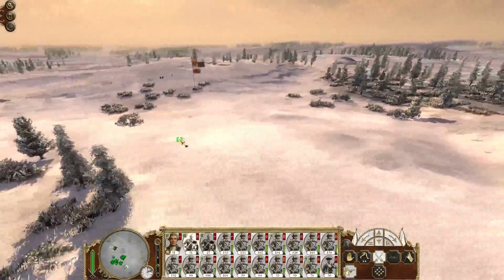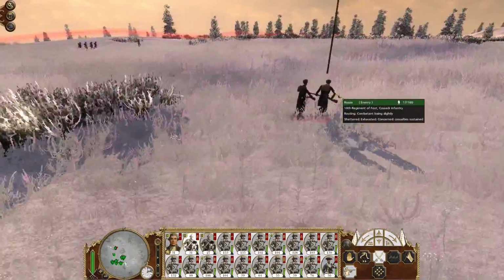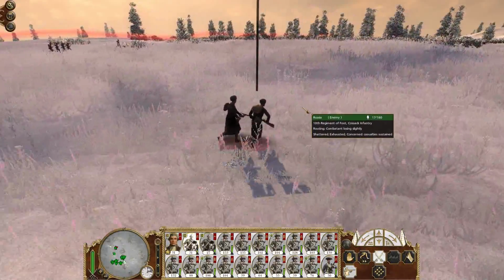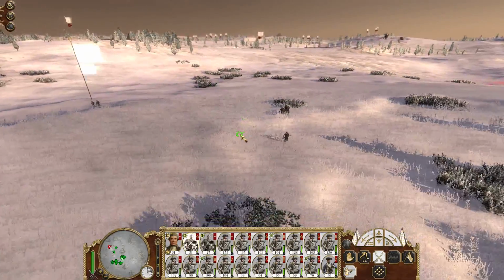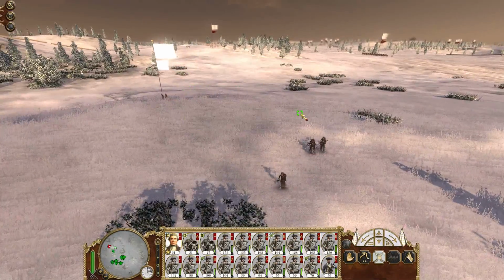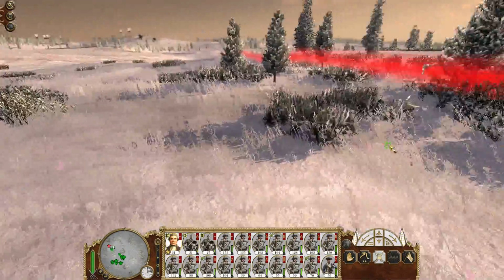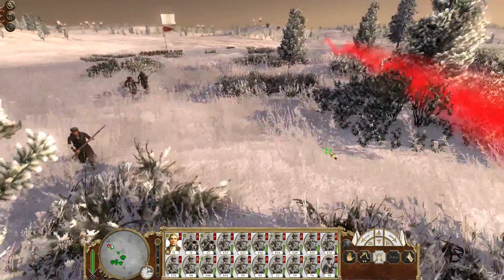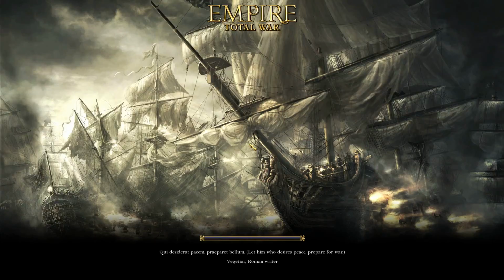Done. It looks like that's the only remaining unit still trying to escape. The 10th Regiment of Foot Kazakh Infantry. Kazakh. Okay. And I think that they're going to make it though. Yeah. And that's it. The victory is ours.